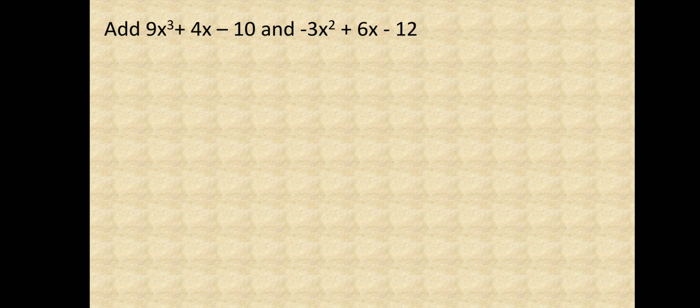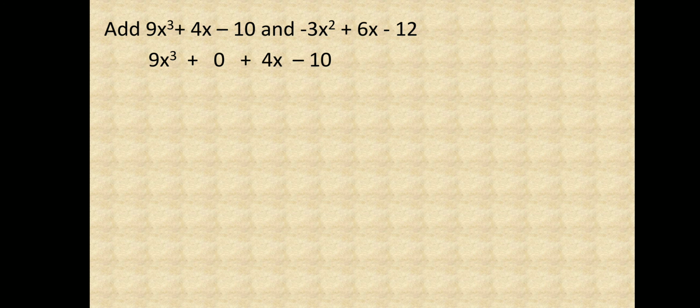So the next sum which we have over here is 9x cube plus 4x minus 10, and minus 3x square plus 6x minus 12. So how are we going to add it? We will write the expression which was given.